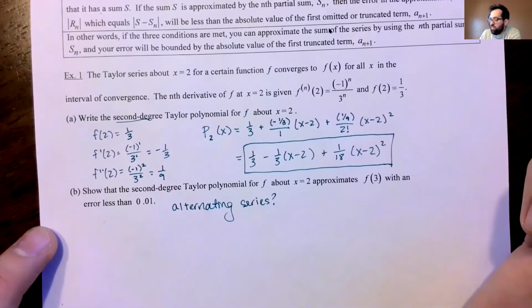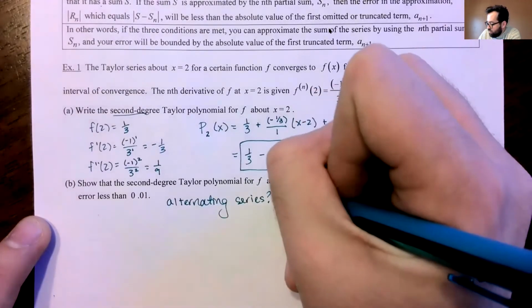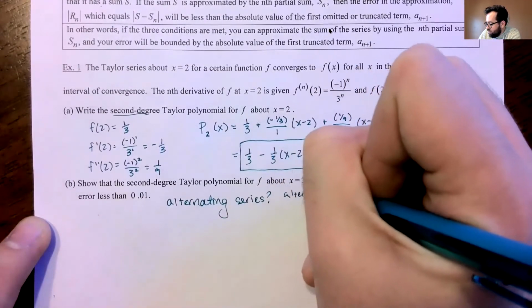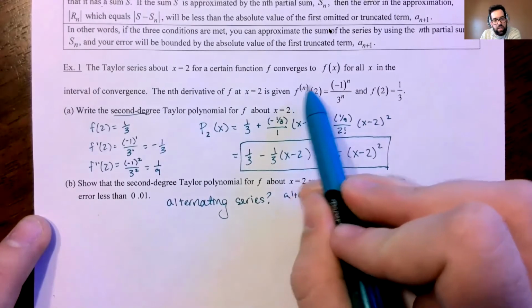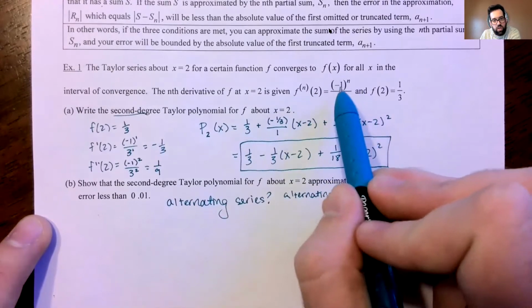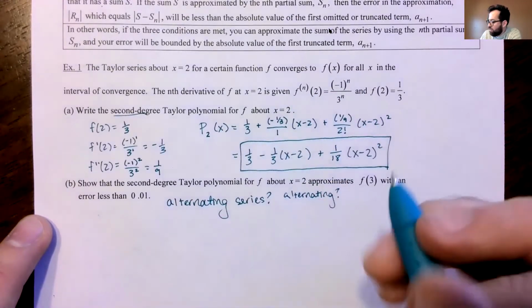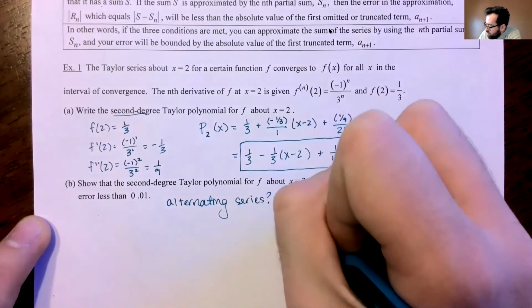We need to know, are the terms alternating? Well, we've got this equation for the nth derivative, and sure enough, every single one is going to switch back and forth between positive and negative. So that's a check. Are the terms decreasing in magnitude?